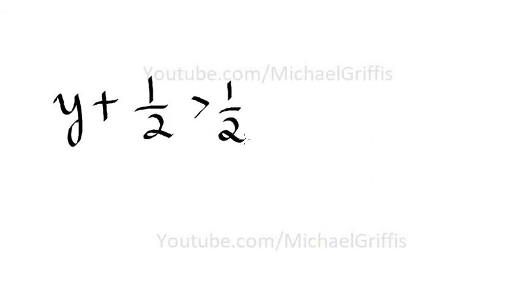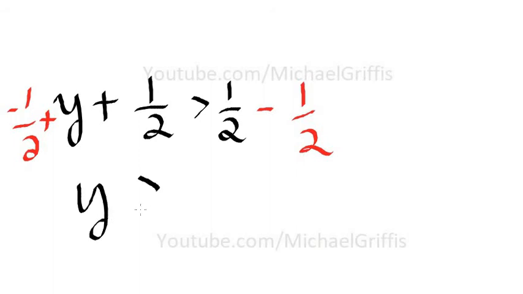We're going to solve this by subtracting a half from both sides. And now we get y is greater than, a half minus a half is 0. Y is greater than 0.